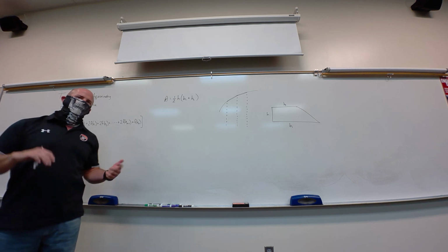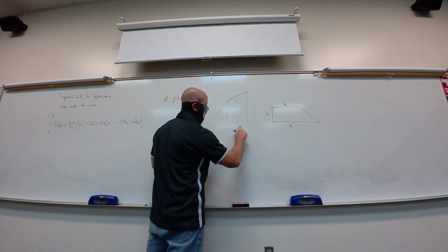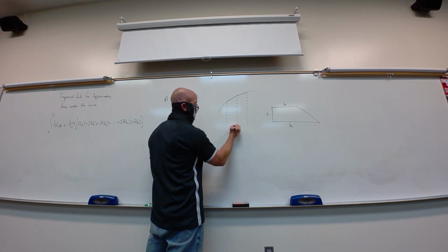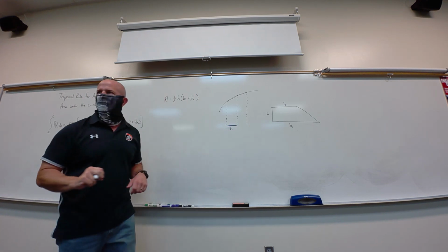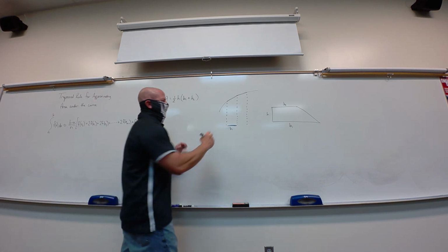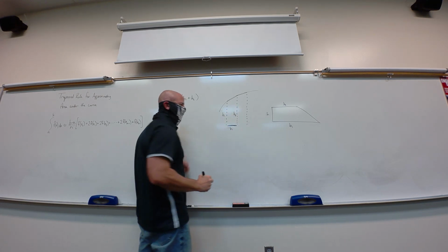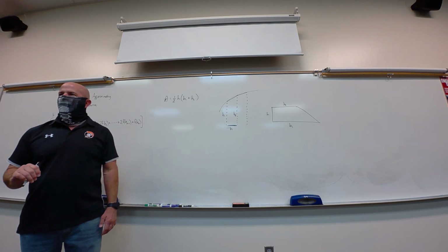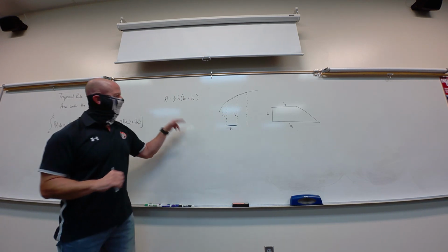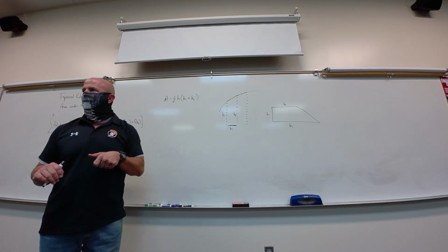Well, now let's flip it up on its end. If I flip it up on its end, this right here becomes the h. That becomes the height. This becomes b1, b2, standing up on its end. Is everybody okay with that? So if I calculate this area, 1/2, height, sum of the bases.